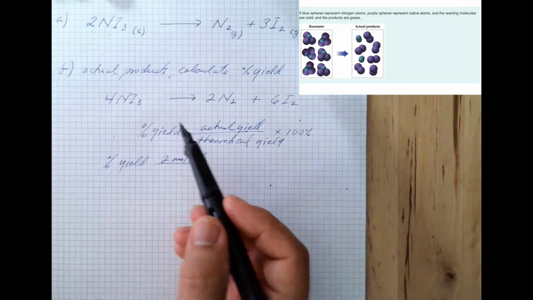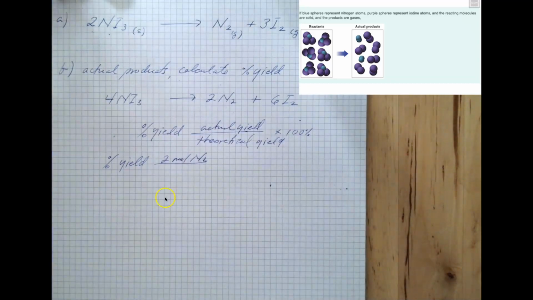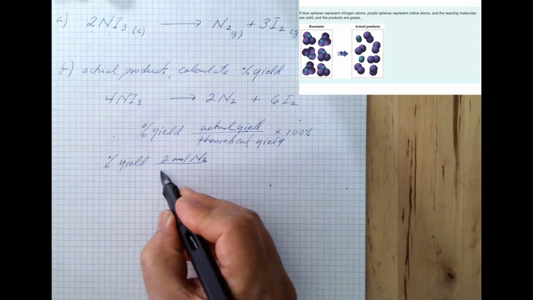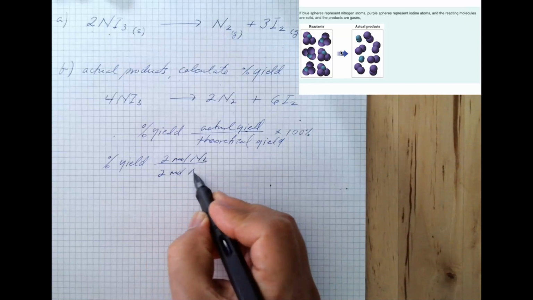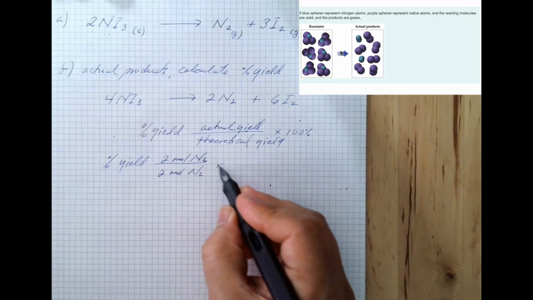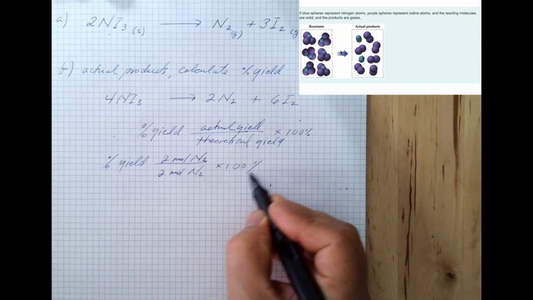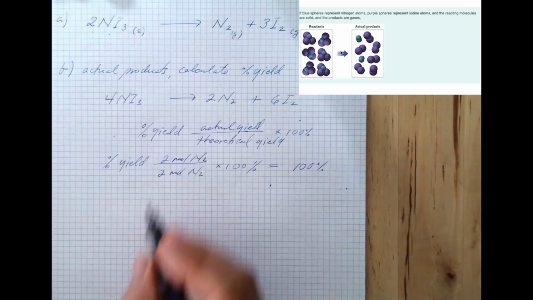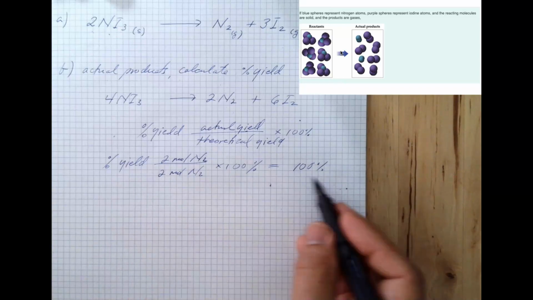So the picture here shows you 2 moles of nitrogen, and theoretically, according to this balanced equation, we should have obtained 2. So the percent yield for this reaction then is 100%. 2 divided by 2, 1 times 100, 100%.